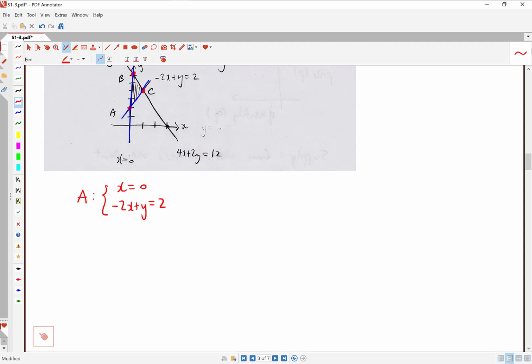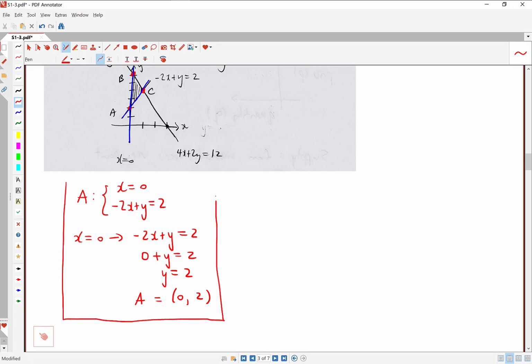This is one of these systems that's relatively easy to solve. We know our x value right off the bat, and we're just going to plug it into the second equation. So subbing in here, you'd have 0 plus y equals 2. In other words, y is 2. So that quickly gives us our point A, which is (0, 2). Vertex A is (0, 2).